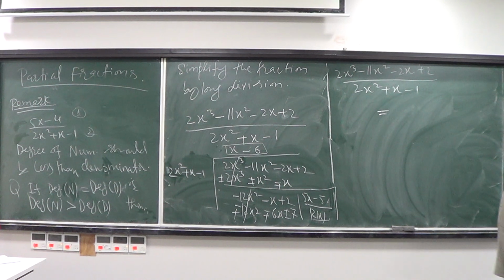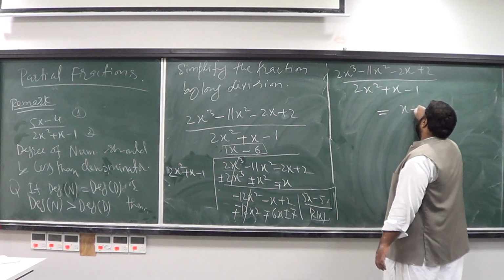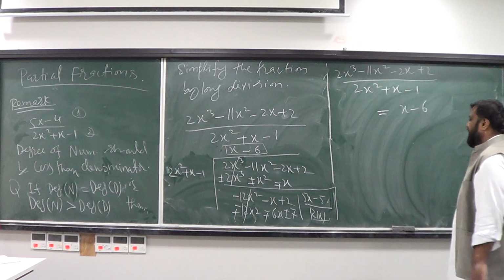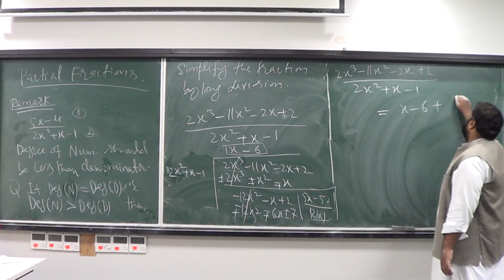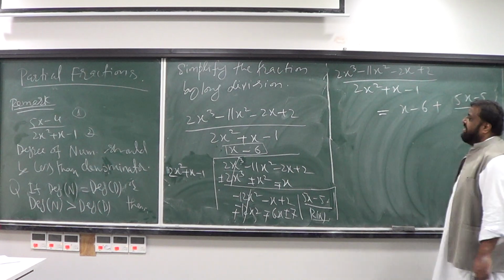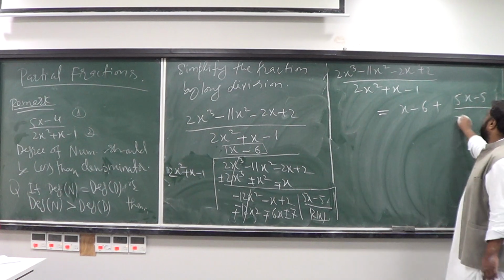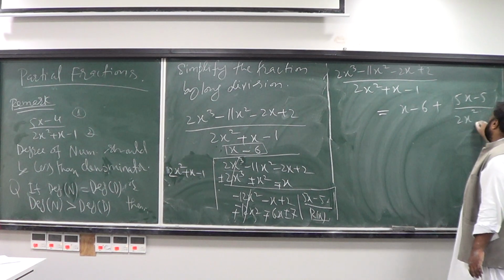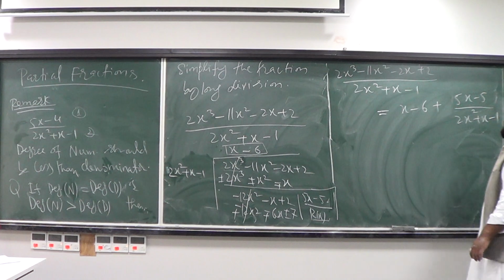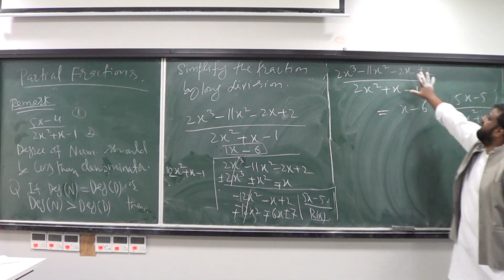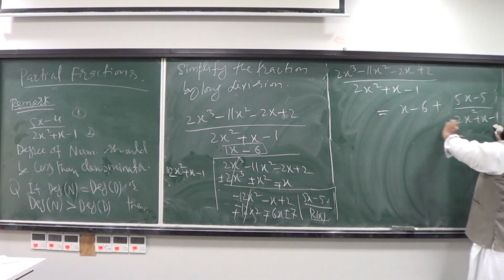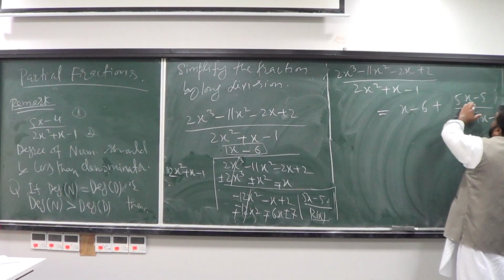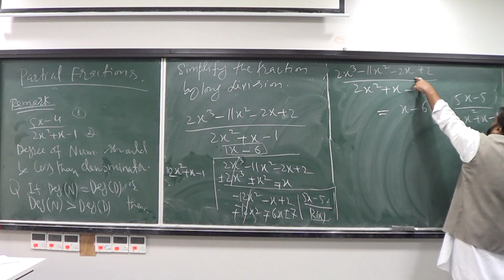It's going to be the quotient, which is x minus 6, plus the remainder, which is 5x minus 5, divided by the divisor, 2x square plus x minus 1. When you multiply this with x minus 6 and add 5x minus 5, you're going to get the same expression.